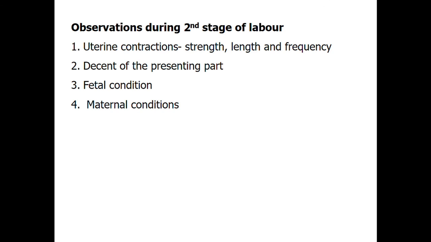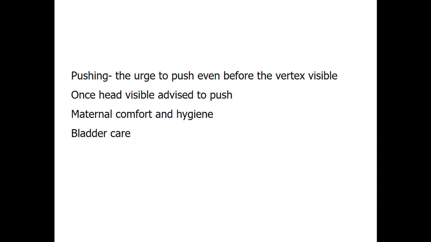Observations during the second stage include uterine contractions, their strength, length and frequency, and descent of the presenting part. Fetal conditions include the FHS and liquor, meconium. Maternal conditions include the maternal heart rate, means pulse rate, BP and the temperature. And the urge to push even before the vertex is visible.